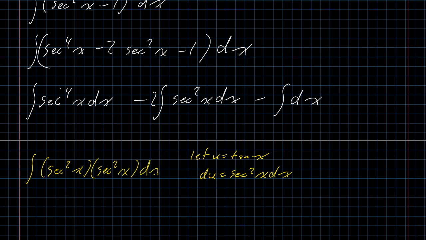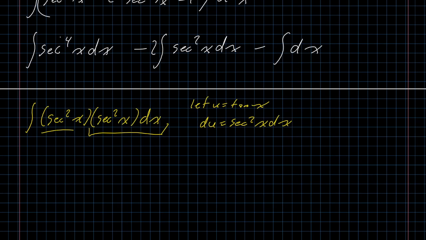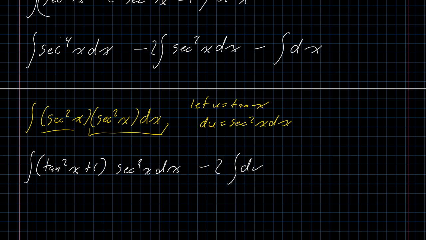They are the same thing, but this is the version that I wanted, because now I have a secant squared x dx that I can use for a u substitution, and I have a secant squared that I can rewrite using the Pythagorean identity. So I've got the integral of tangent squared x plus 1 times secant squared x dx minus 2 integral du minus integral dx.